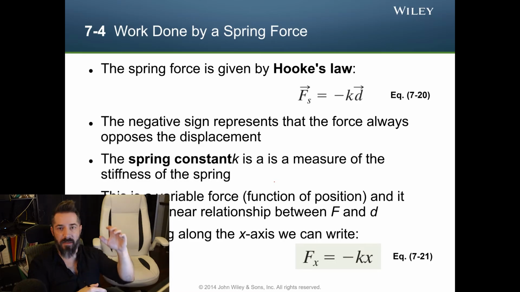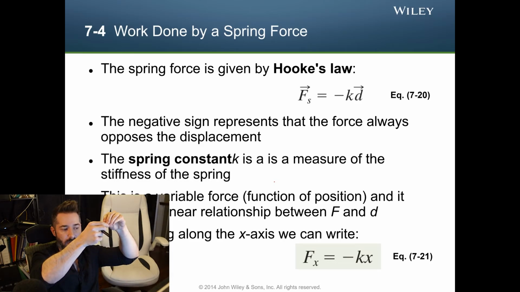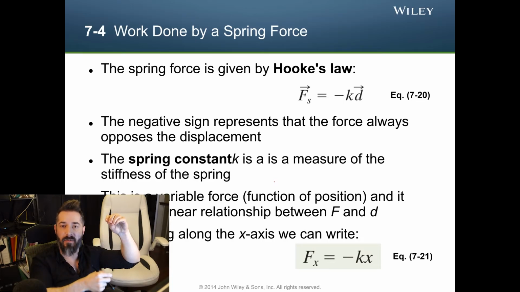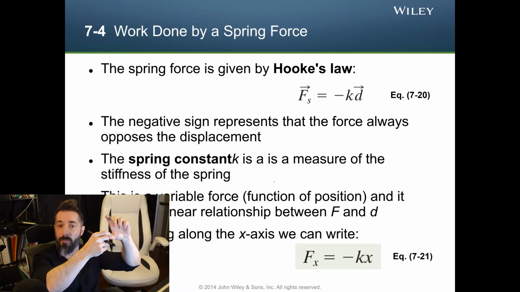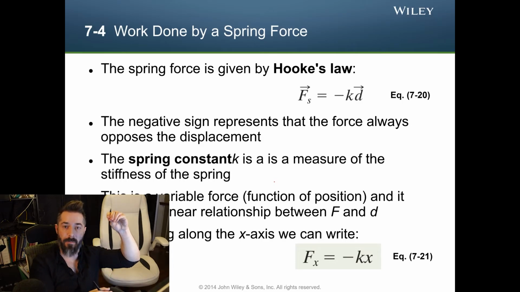Just keep in mind that the difference between the top and the bottom is very big, right? So at the top you have complete compressed spring energy. You have total gravitational potential energy at the top. When it gets all the way to the bottom, you've released all the gravitational potential energy. It is at its lowest potential point. It will not go any lower than that. Therefore, the gravitational potential energy is now zero.